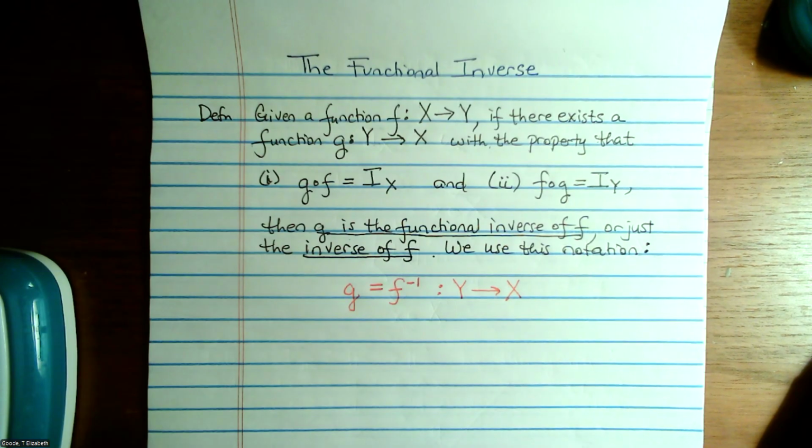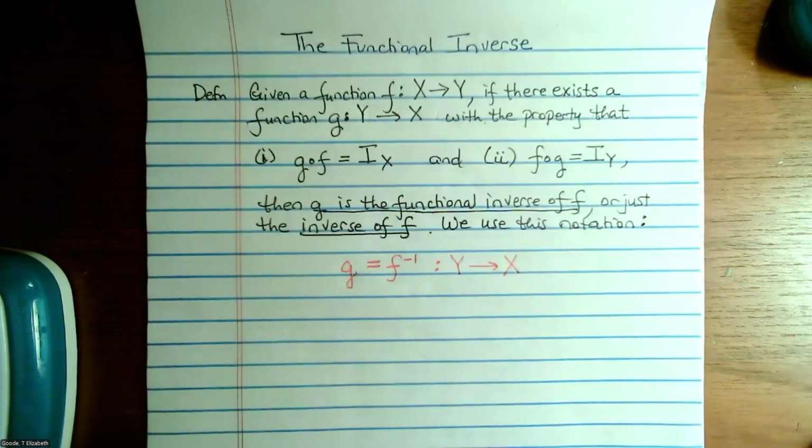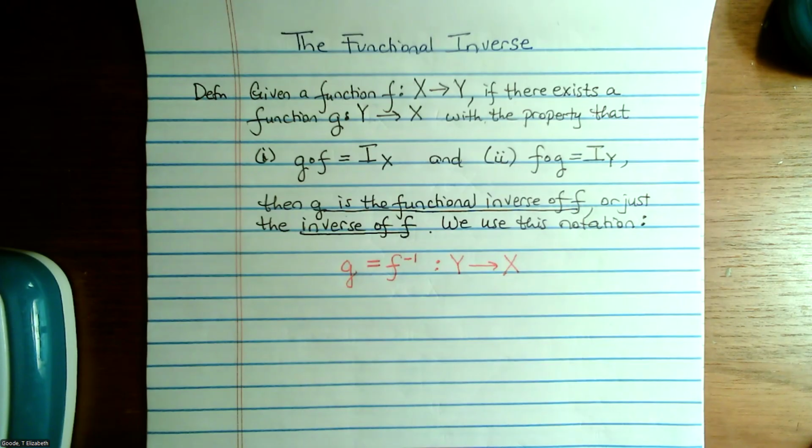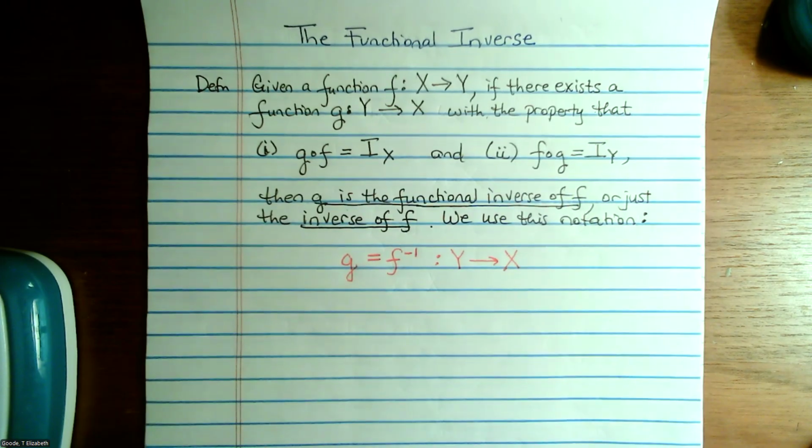It's kind of like the process of tying your shoe is the inverse of the process of untying your shoe. The process of opening a door is the inverse of closing the door. Okay? So here's a theorem that gives us a full characterization and tells us exactly when a function has a functional inverse.